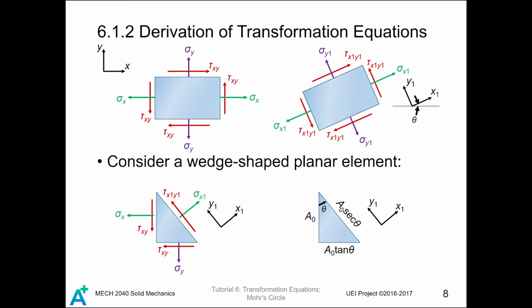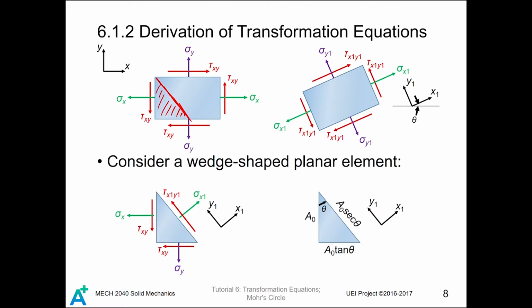Now we will try to consider the force equilibrium by cutting this stress element into such a kind of piece. That is, we try to get a piece of stress element like this. From here, we cut it down. Bear in mind that we're studying solid mechanics, so no matter how I cut the stress element, the stresses inside it will also be in equilibrium.